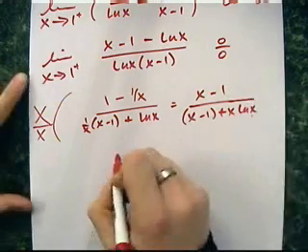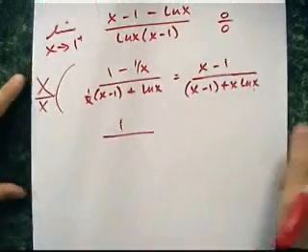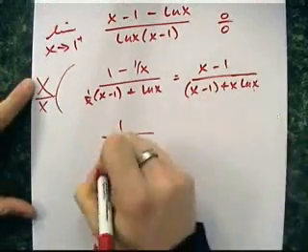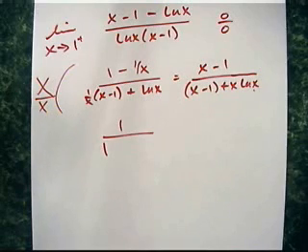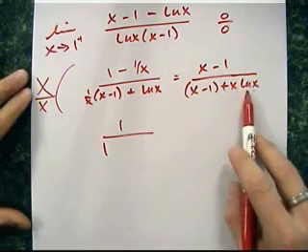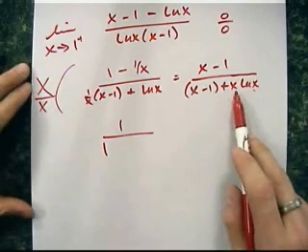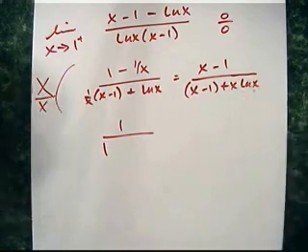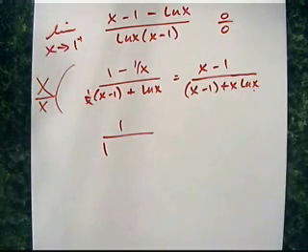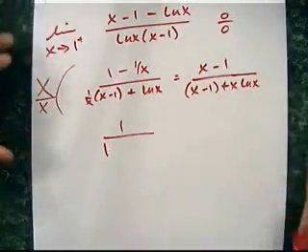So L'Hopital's rule there would be 1 divided by, the derivative of this is 1. Is the answer 0? We'll find out. It's 1. And then I got a product rule for this: x natural log of x. Do you have to use product rule? Yeah, you have to use product rule.